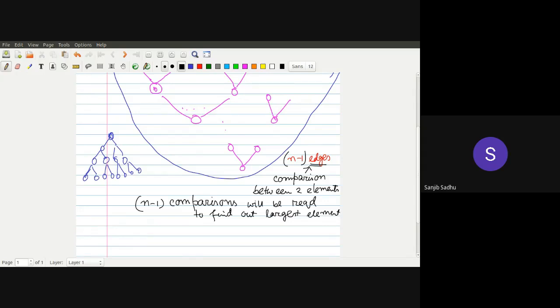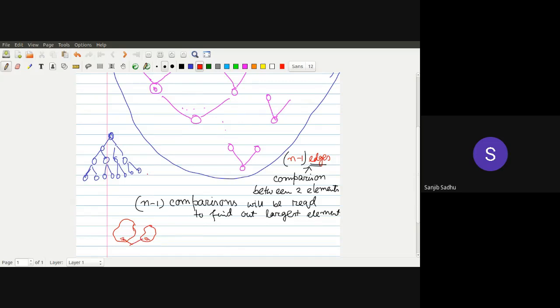And if the graph is disconnected, suppose there are two components, you are finding out the largest here, but how can you compare these two? If you would like to compare these two, then they should be connected, otherwise it's not possible.